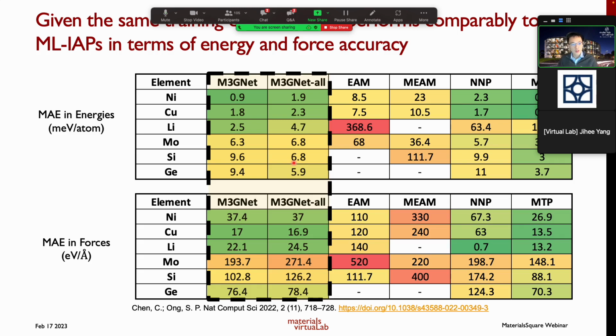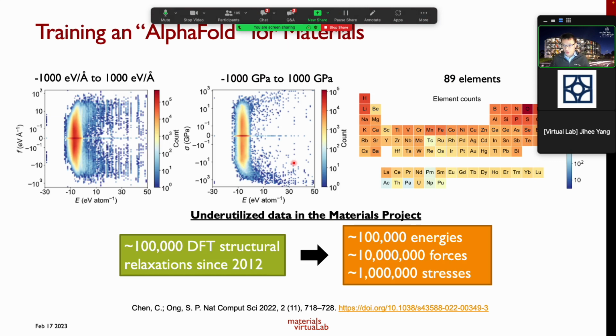Now, to train what we call an AlphaFold for material science, what we did was to go back to our favorite database, which is the Materials Project. There's actually this data set that most of you may not even be aware of, which is that the Materials Project has done about 100,000 DFT structural relaxations since 2012, okay?